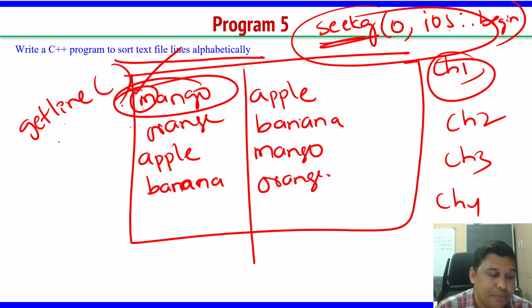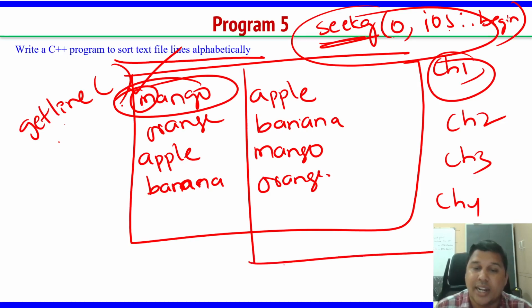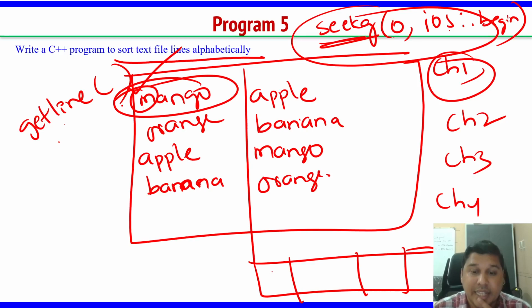After getting M, you can copy this M into a separate array. You can create another array here like this. In this array, you can place that character M, then O, then A, and then B. You can sort them with some sorting logic. But here we are having words.